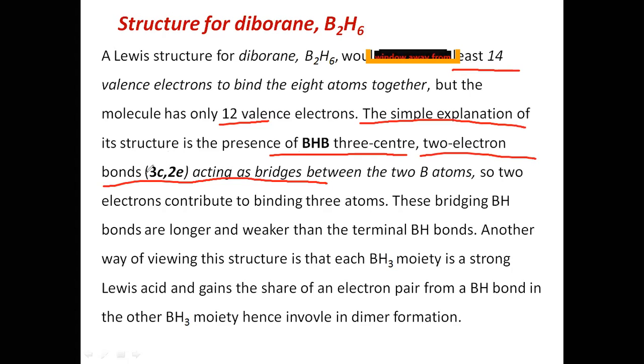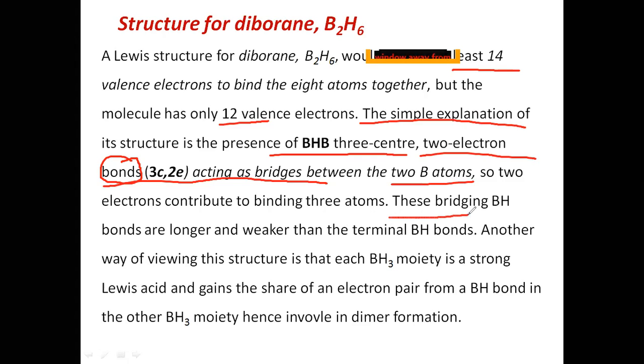And these bonds, plural, there should be more than one, and definitely there is more than one. These bonds act as bridges between the two boron atoms. This is the very basic principal idea of the structure of diborane.